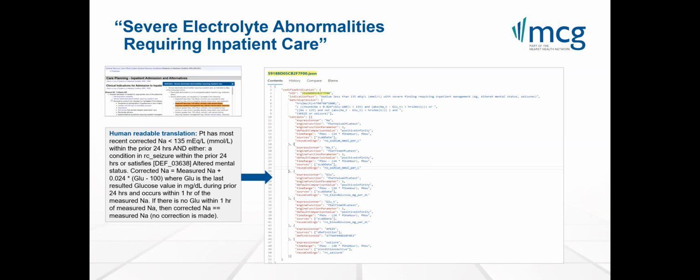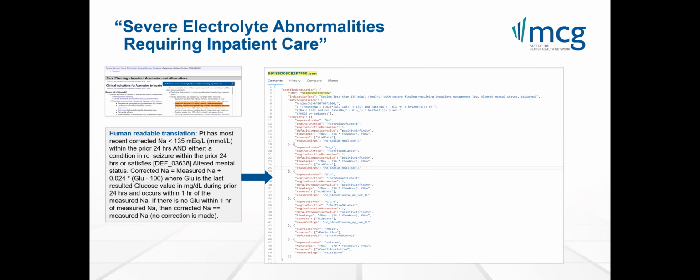So working with our content authors, we're able to write a rule that's specific to the set of severe findings that might be expected in this setting. And we have what we euphemistically call a human readable translation here. But it describes the rule that the indication captures.